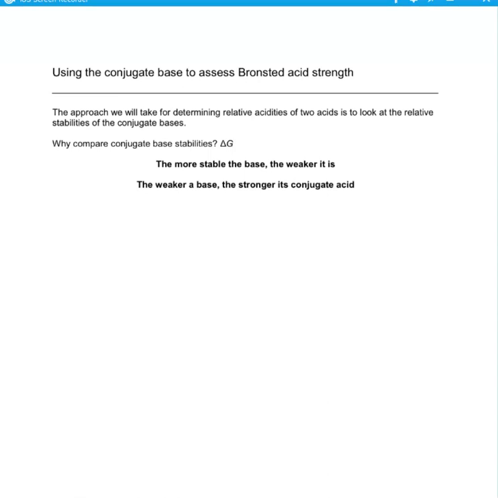The reason that we can compare conjugate base stabilities has to do with this, delta G. So remember from general chemistry, delta G is the change in the Gibbs free energy, which is the energy that a system has available to do work.